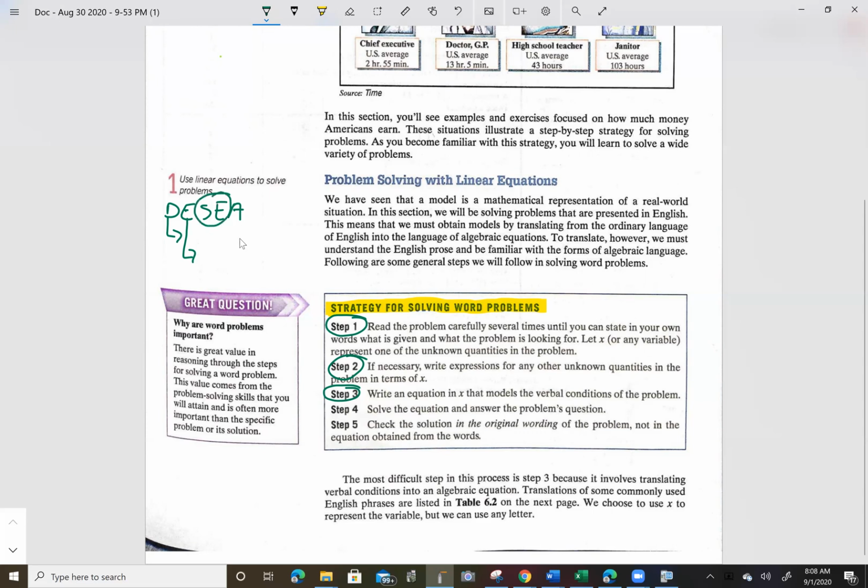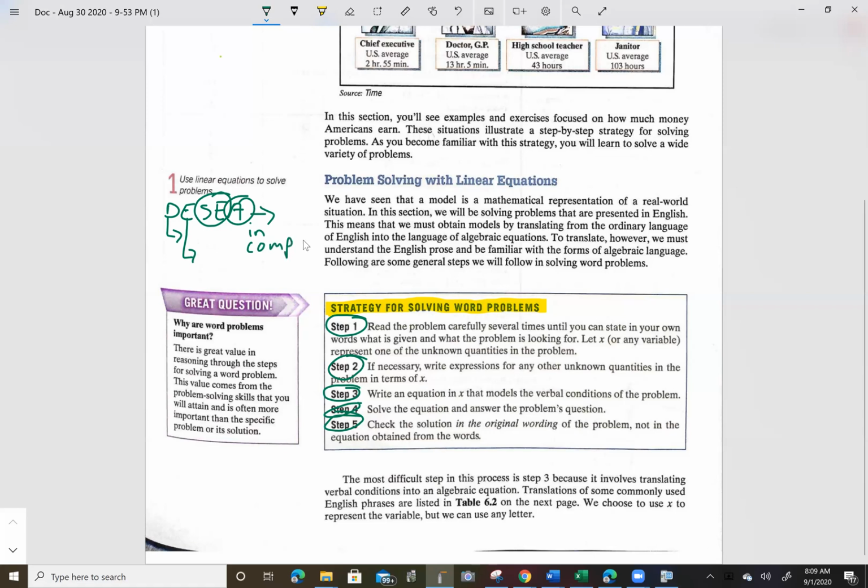They are solve or evaluate. So solve the equation or evaluate the expression. That's step 4. It's amazing how well these match up. And step 5, check the original wording of the problem, not in the equation obtained from the words. And our last step here, the A, stands for answer, to answer in a complete sentence.